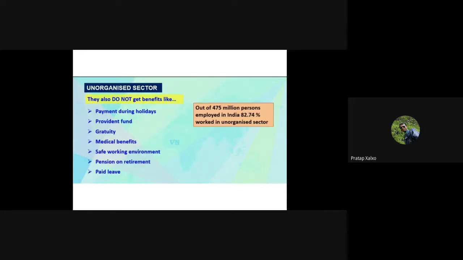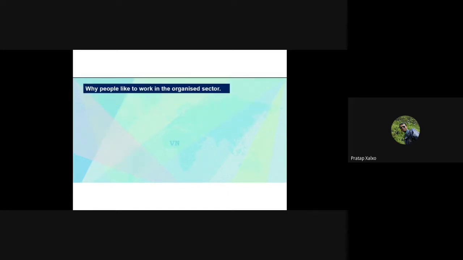So, out of 475 million persons employed in India, 82.74% work in the unorganized sector. Now we are clear why people like to work in the organized sector. The reason is workers enjoy security of employment and are expected to work only a fixed number of hours.